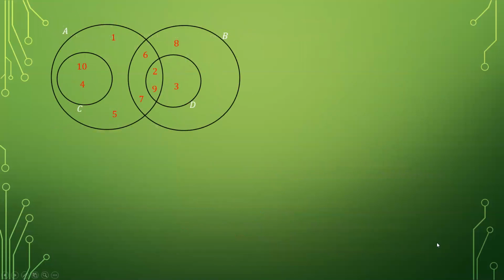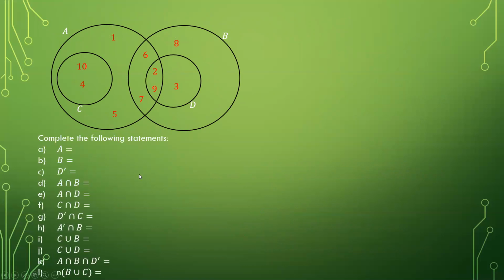Next one, let's see some questions. So assuming we have a question like this, if already given, then we need to answer all these questions. So the question is asking, what are the elements inside A for question A?